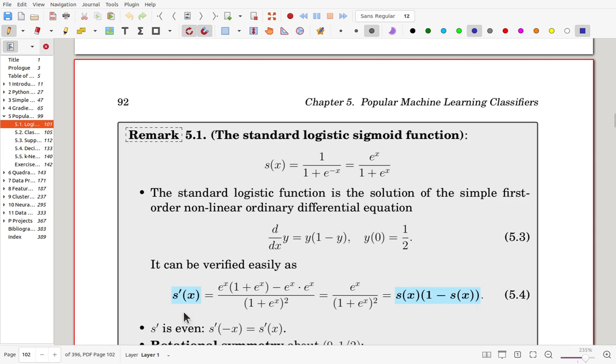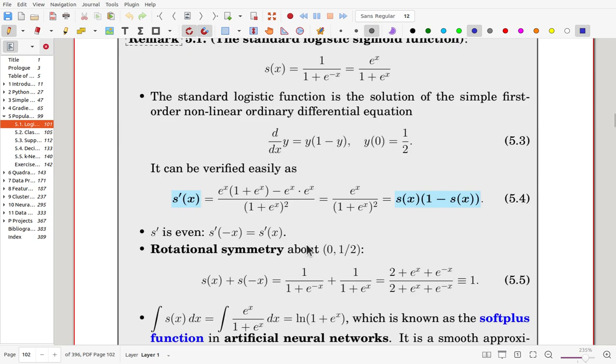So s of x will satisfy this differential equation. For s prime, you can check this equality easily. So it is an even function.